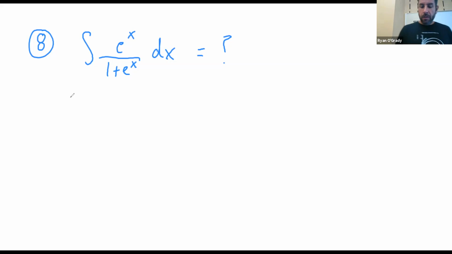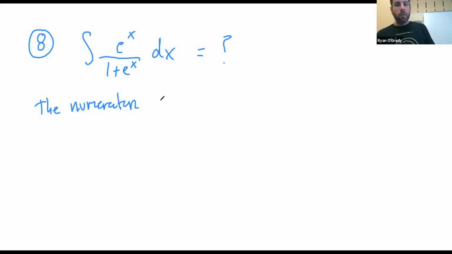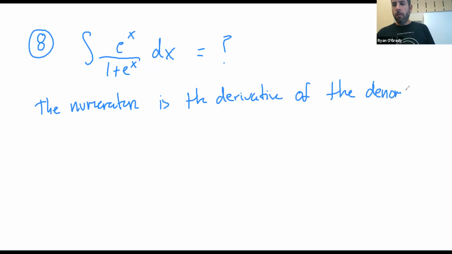So the numerator is the derivative of the denominator. Now, of course, I could say that and you might believe me, but you don't understand the connection, and that's okay. But I'm trying to help you see that.